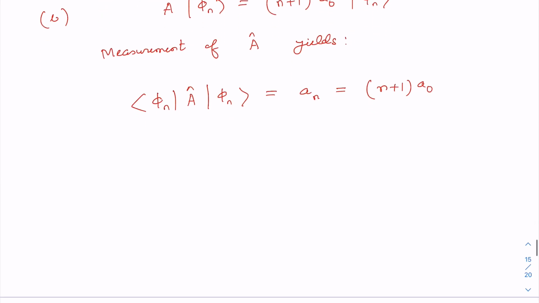So what are the values one can get? One can get A1 equal to 2A0, A2 equal to 3A0, A3 equal to 4A0, and A4 equal to 5A0.